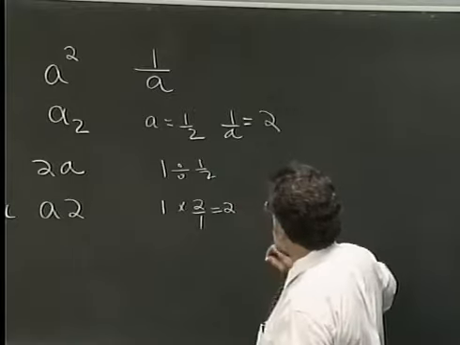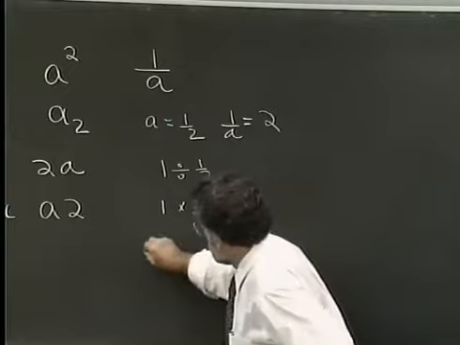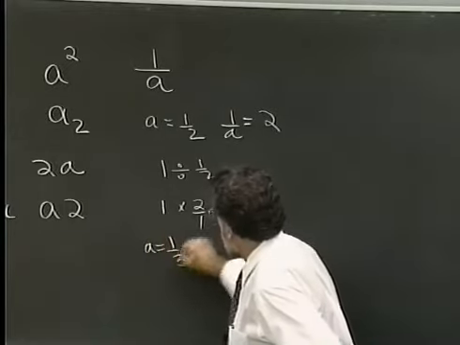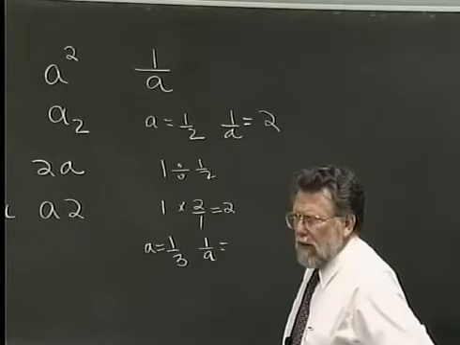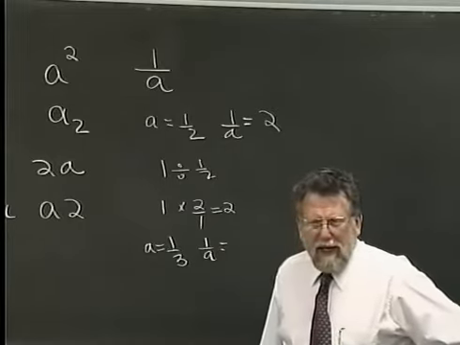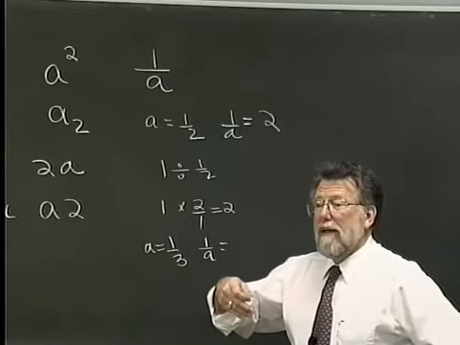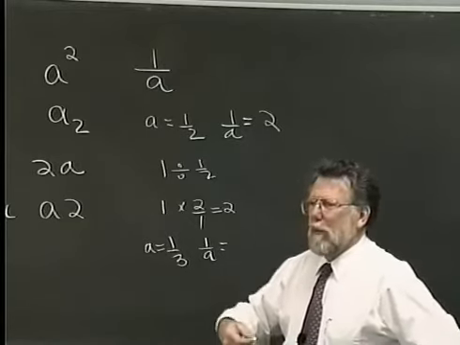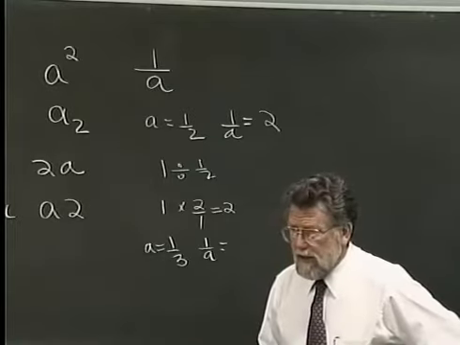Let's try a different question. If a is 1/3, what is 1 over a? Okay, 2 people are with me now. 1 over a, if a is 1/3. Good. One more time. If a is 1/3, 1 over a is 3.